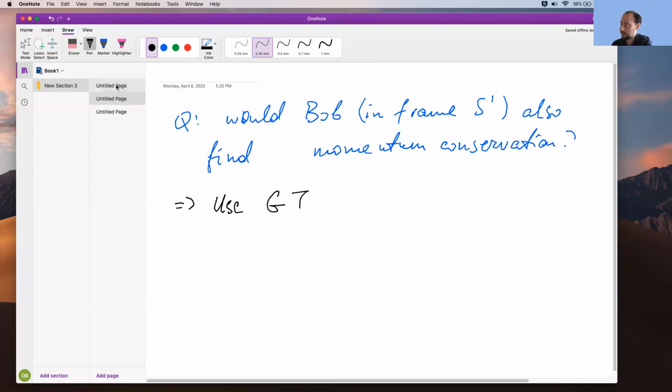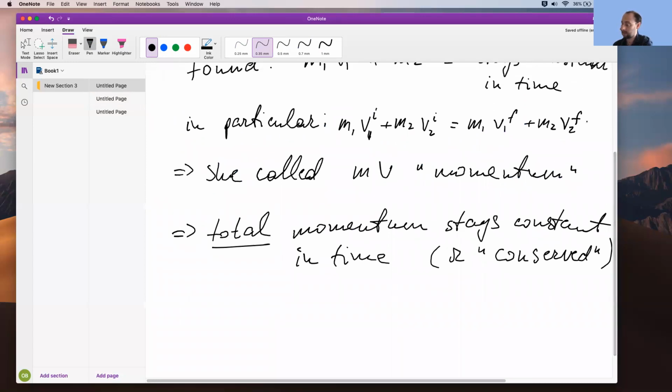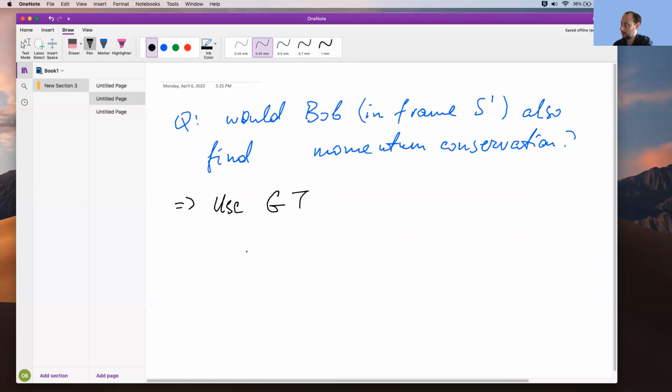You see we start with this conservation found by Alice. I'm simply going to make the velocity transformation. Sometimes I use primes for velocities as seen from the primed frame, but right now there are too many subscripts, so I'm going to use tilde.